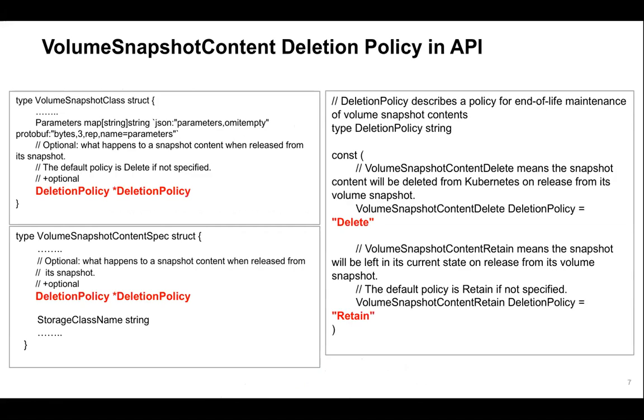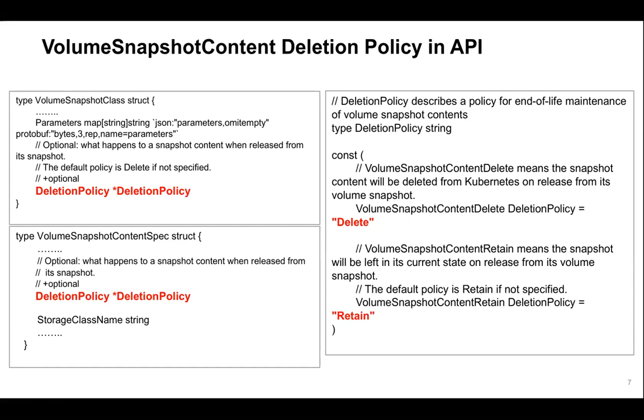In the API, we have a volume snapshot class. The volume snapshot class is similar to the storage class. We have a deletion policy field there, used for dynamic provisioning. That is passed to the volume snapshot content spec.